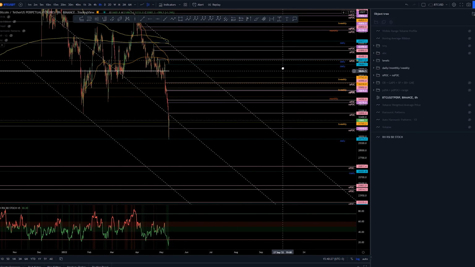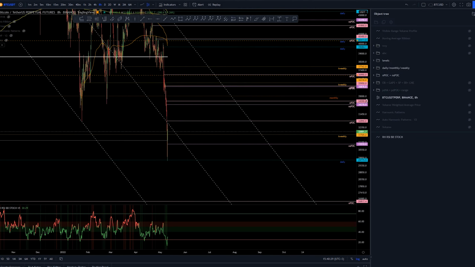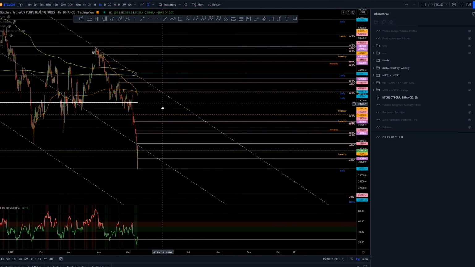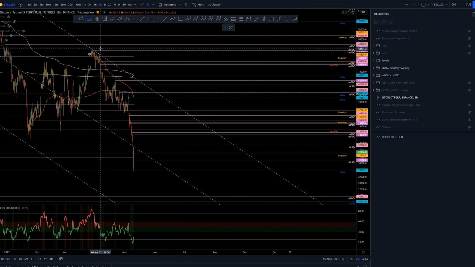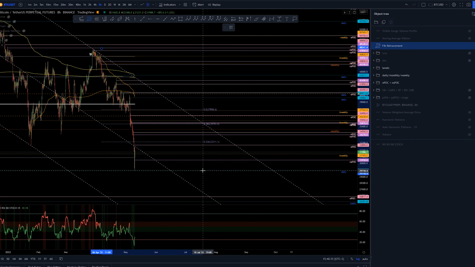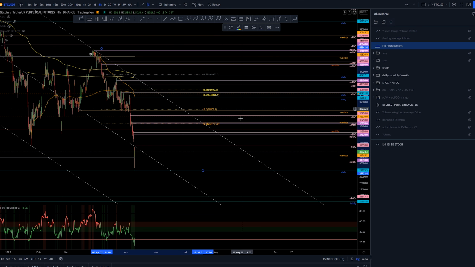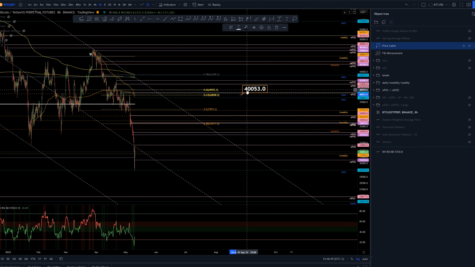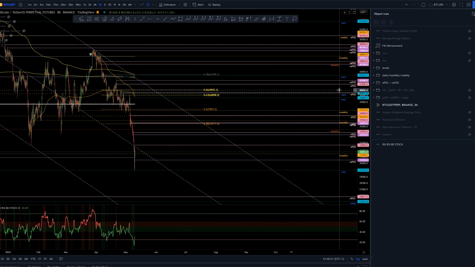These are definitely some levels downwards and upwards that I'm going to be looking for. Just for the last leg here, if we are actually going to pump for some reason higher up right now, golden pocket here with a daily naked point of control, definitely going to be a massive resistance around 40k, and as it is a round number, there is probably going to be shorts there as well, just waiting.